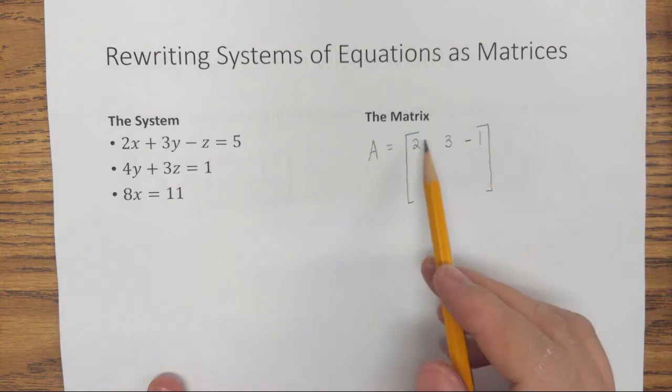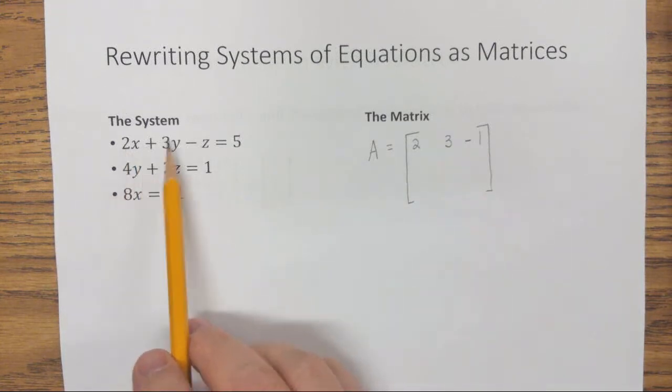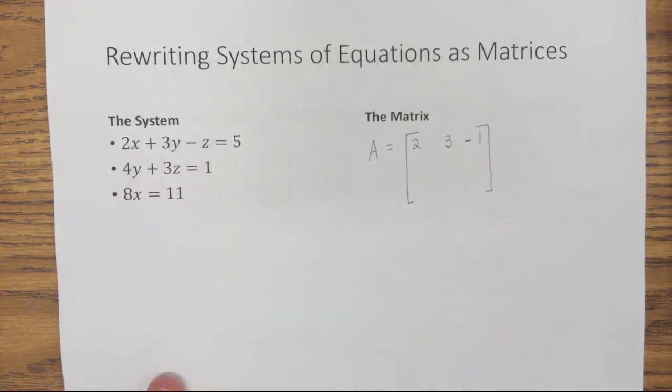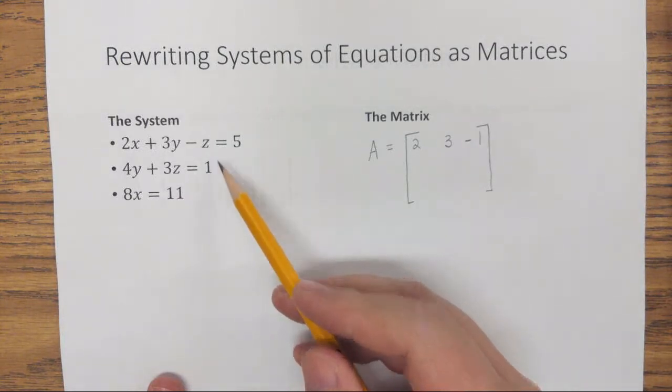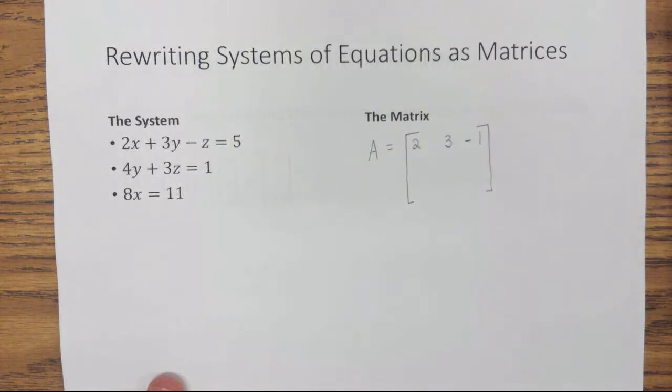The top 3 elements are just the top 3 numbers of your system. Now I look at this next equation and I see it's got 4y plus 3z, but I don't have any x. Well, if I don't have anything, what number goes along with nothing? 0.